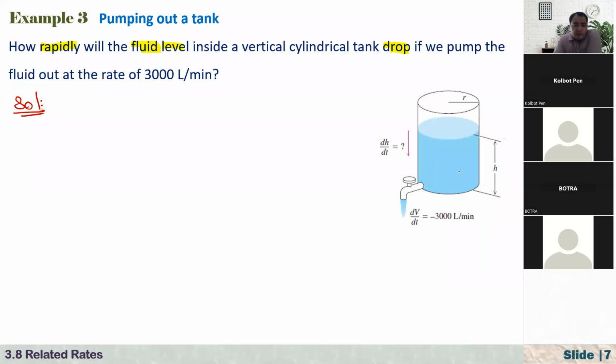So now, again, it says how rapidly will the fluid level inside the vertical cylindrical tank drop if we pump the fluid out at this rate. That means we are pumping out, so the amount of fluid inside the container is decreasing. And that's why it must be a negative number, right? Decreasing. Increasing, it is positive.